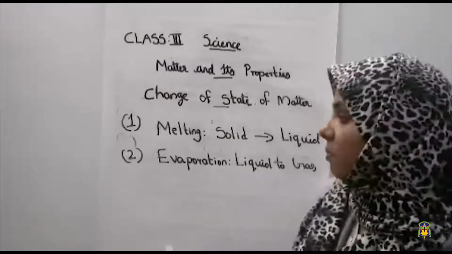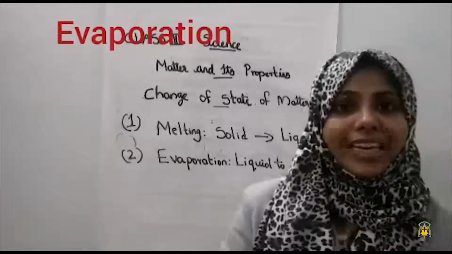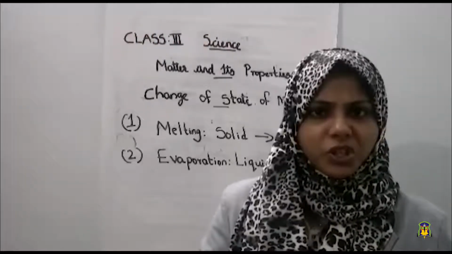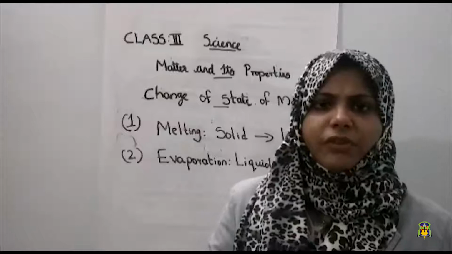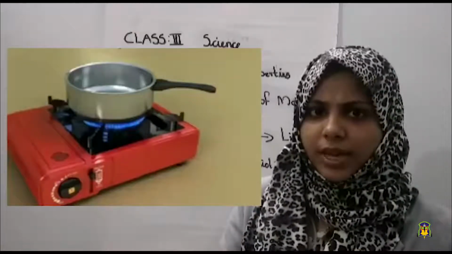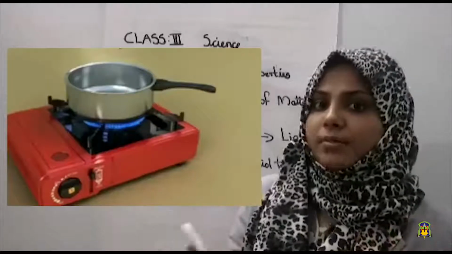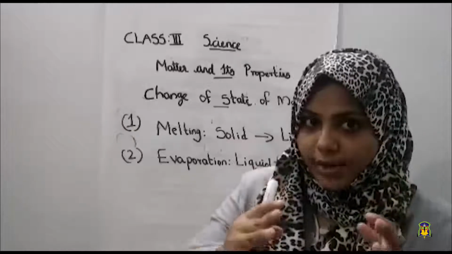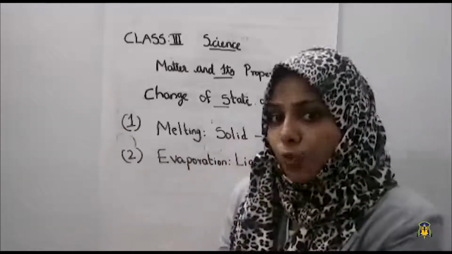The second process is evaporation. What is evaporation? If you boil water, after some time what happens? Yes, the water vapor comes out. Here the water changes to water vapor.